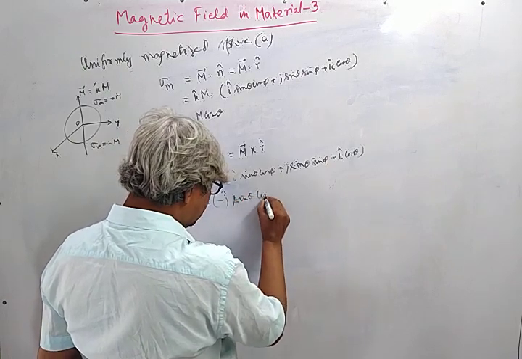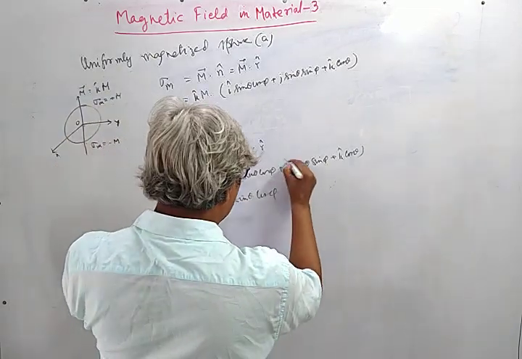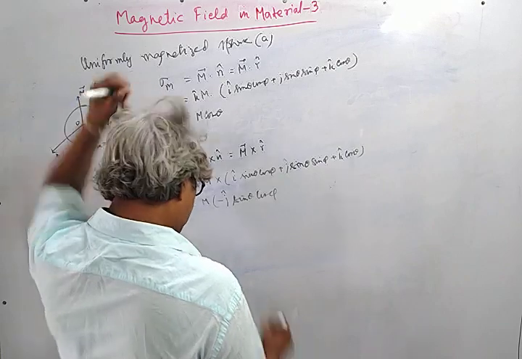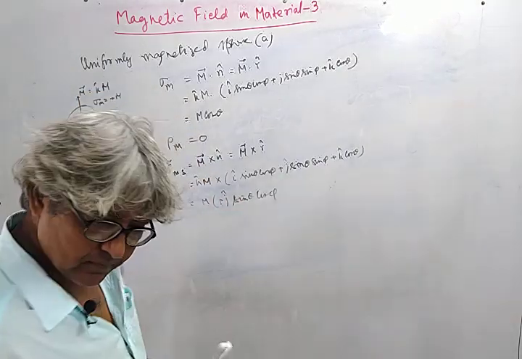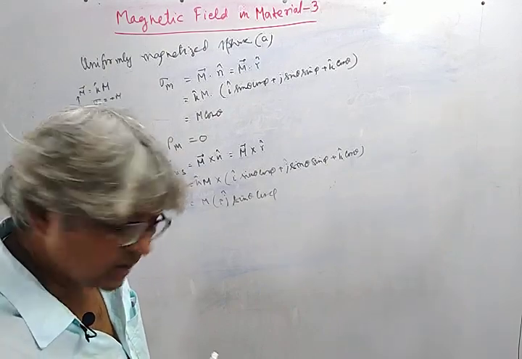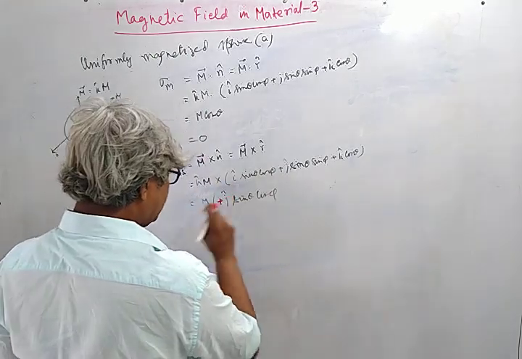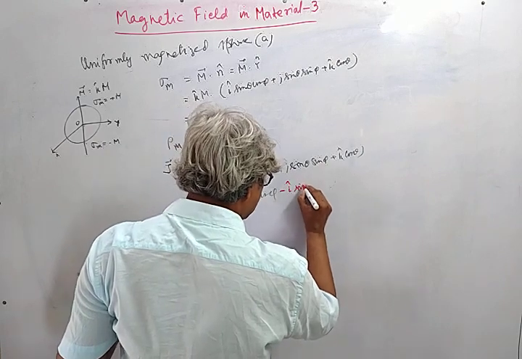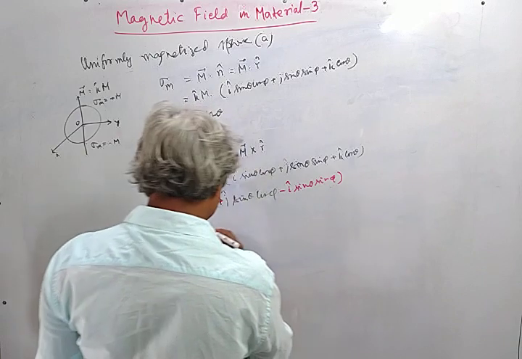and k cross j is minus i, so this is minus i cap sin theta sin phi, and the rest term is 0.